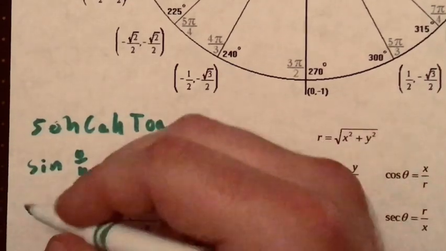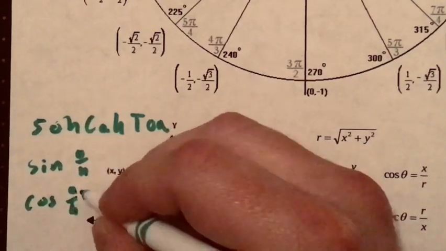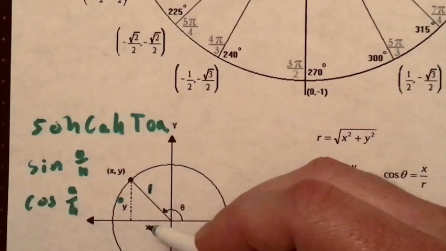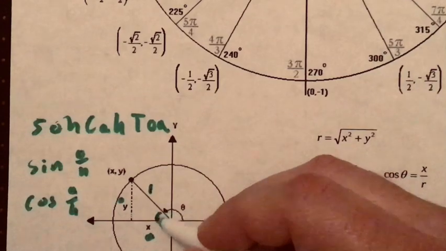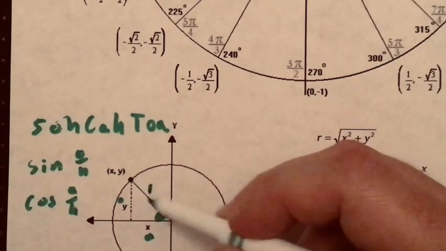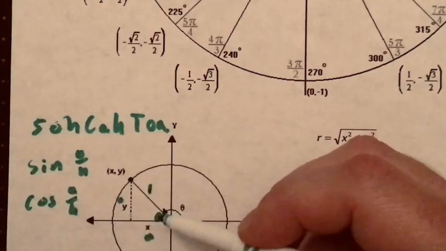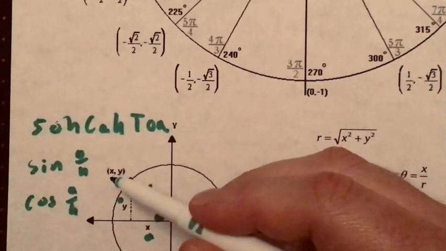If I wanted the cosine, that's the adjacent over the hypotenuse. The adjacent for this angle is the x value, next to the angle right here, and the hypotenuse is 1 again. So the cosine of this angle is the x value.